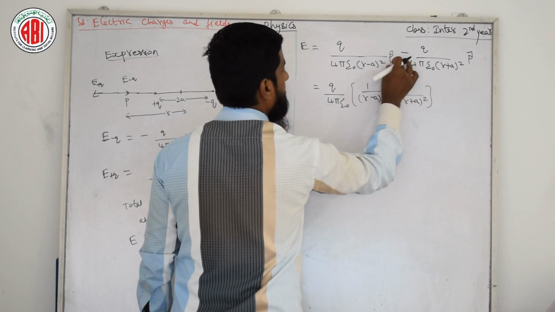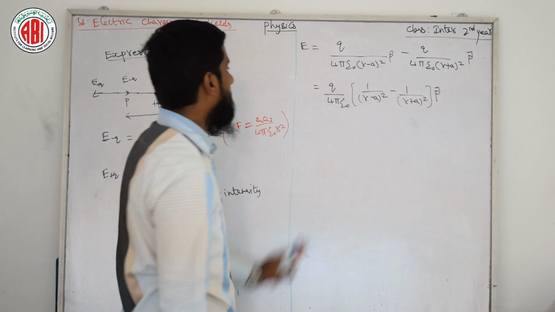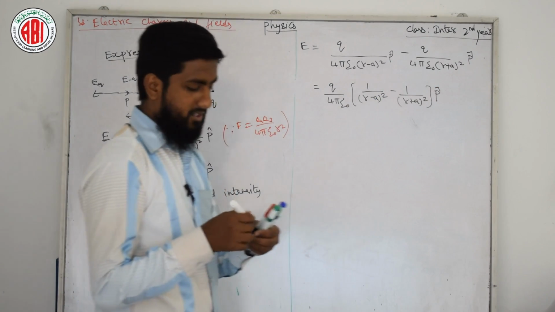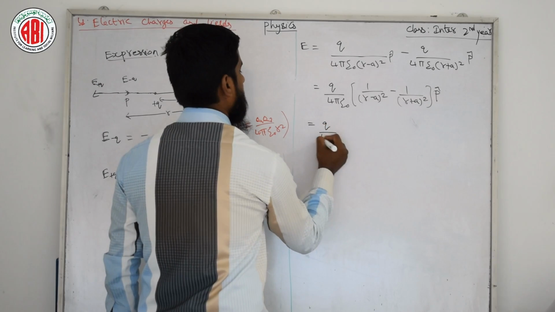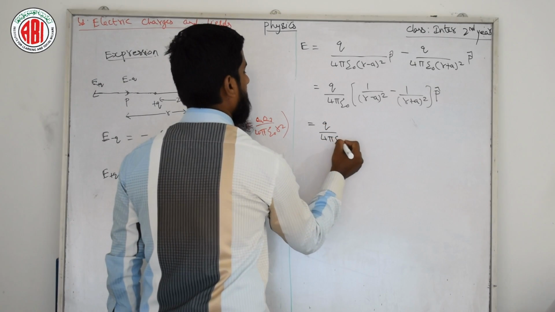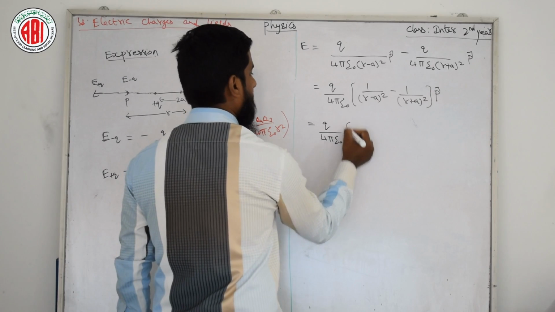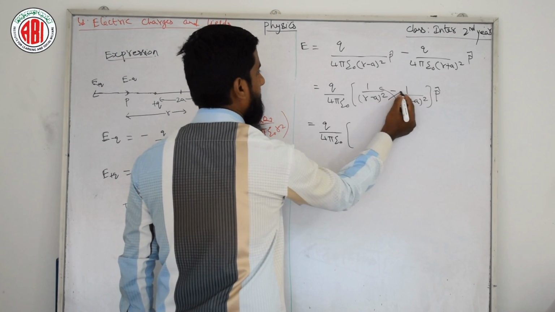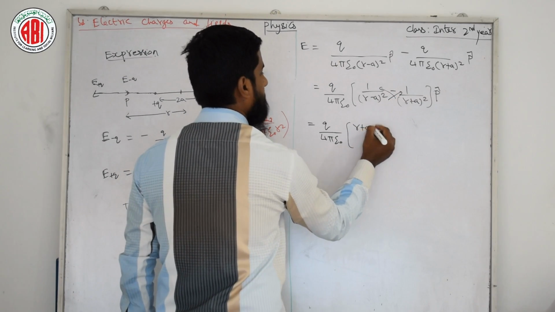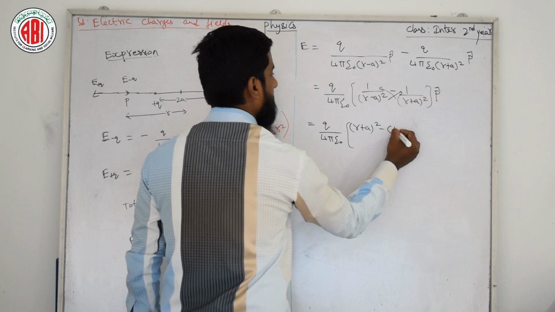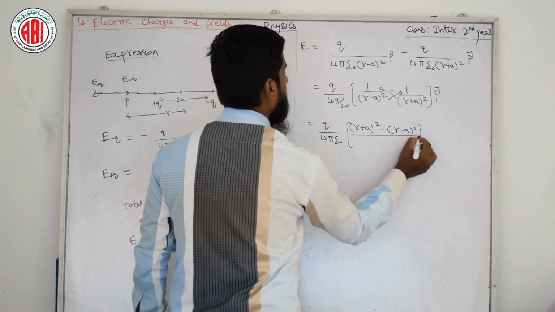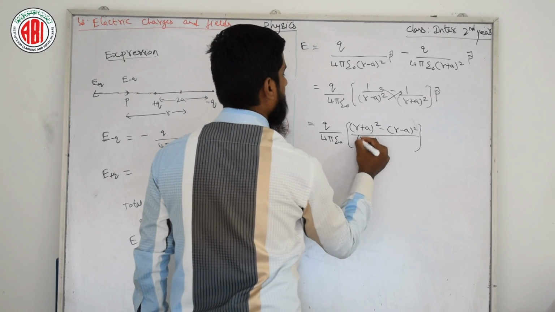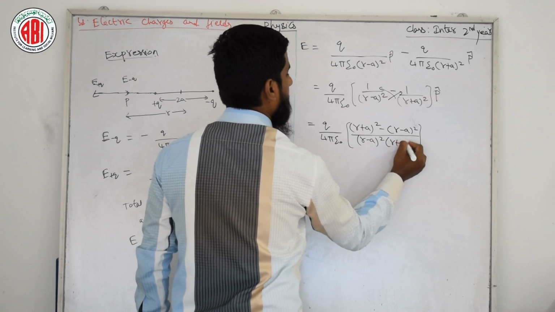Now we need to simplify this so that we will get the answer. Q by 4 pi epsilon naught as it is, whereas this we will cross multiply. It will become R plus A whole square minus R minus A whole square, over R minus A whole square into R plus A whole square.